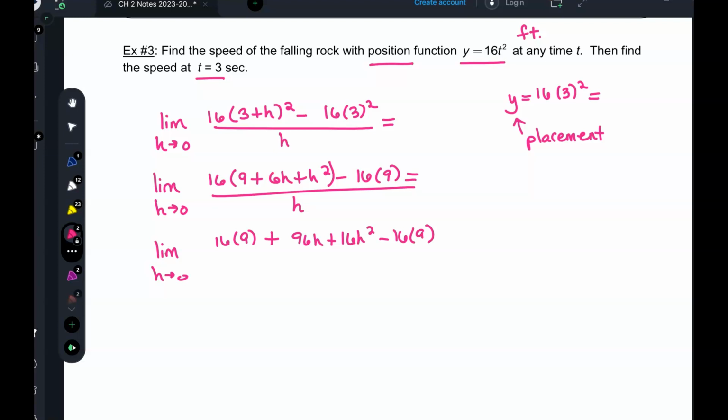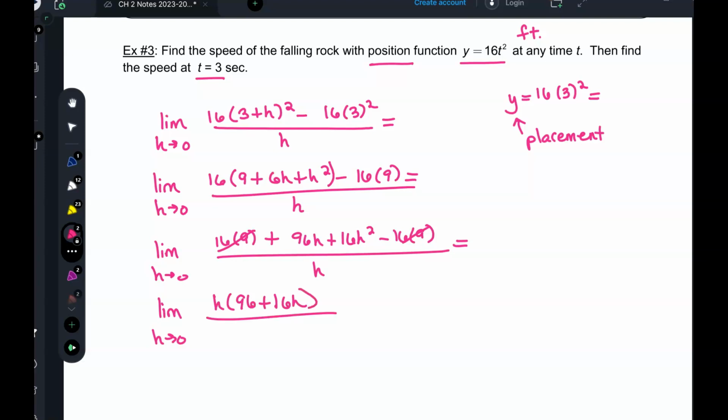You'll notice right here these cancel. All right, so we get 96. I will call that feet per second, because normally I'd give you units, I just didn't.